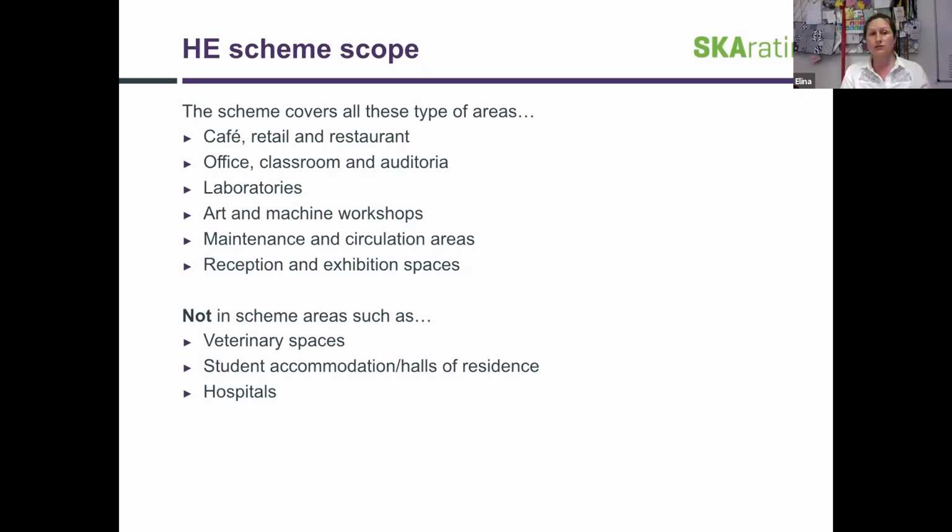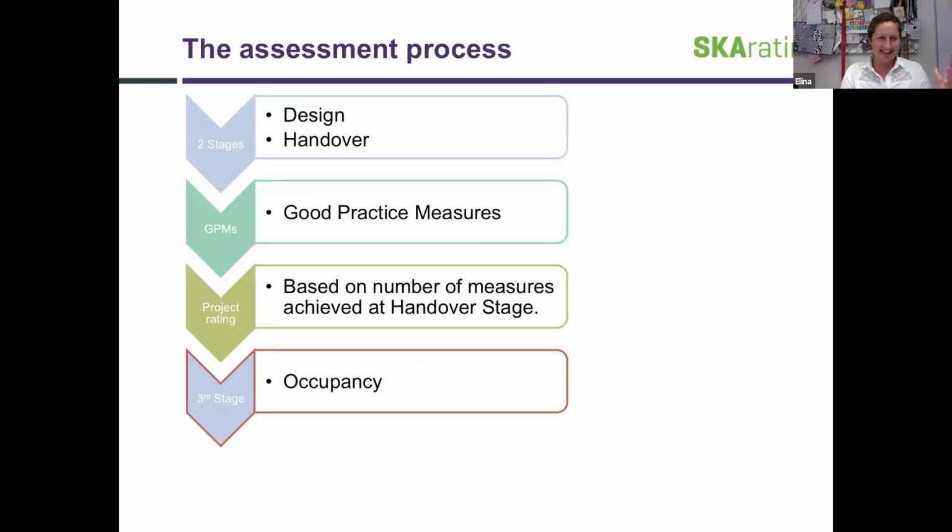This is purely to do with the nature of the spaces and how the use of these spaces would impact the ranking. We can go into more detail on that another time if there's a need, but it's important to know the scope and when you would use the scheme.